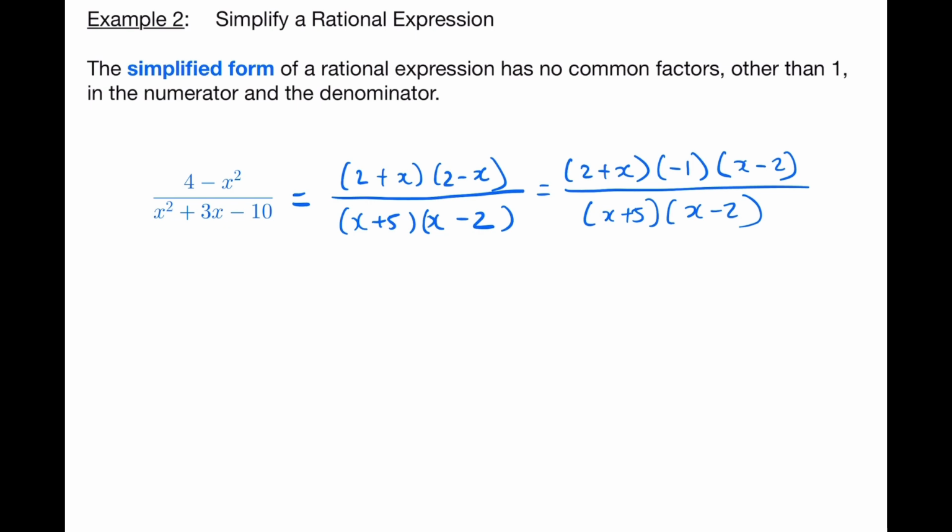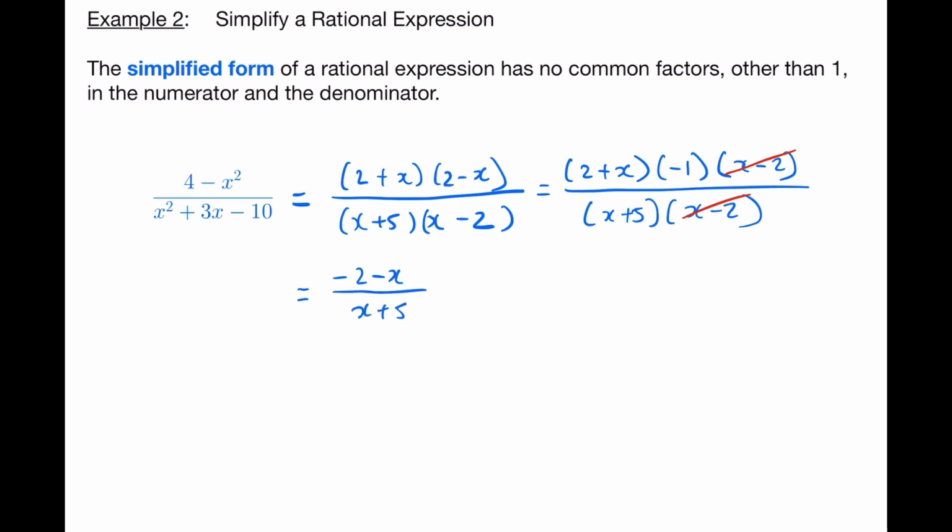And so now we would recognize that x minus 2 can be canceled out because we have 1 at the top and 1 at the bottom. So we would go ahead and cancel that out. And then our final answer would be, and I'm going to go ahead and multiply this out here, that becomes negative 2 minus x over x plus 5.